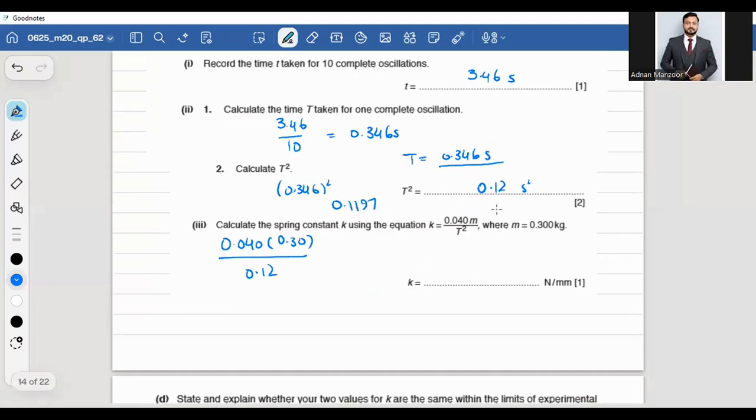If your answer is somehow wrong and you carry the same answer here, you may get an easy 1 mark as error carried forward. So if I do this here, 0.040 multiplied by 0.3 divided by 0.12, you get 0.10.